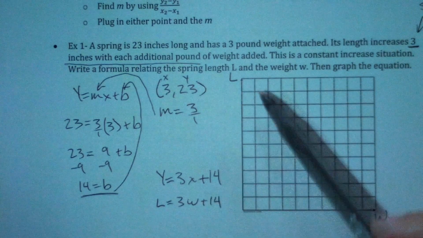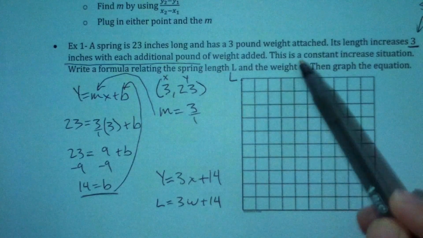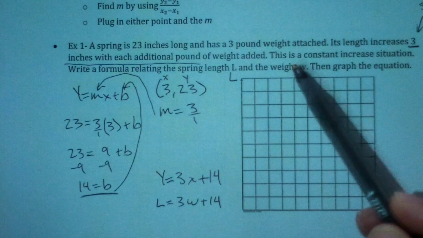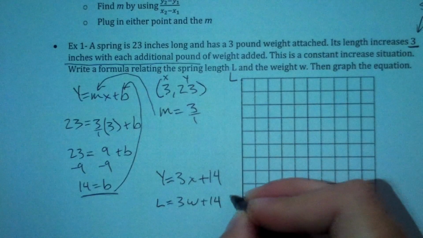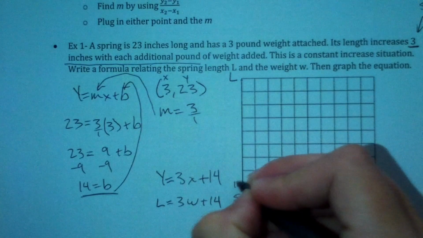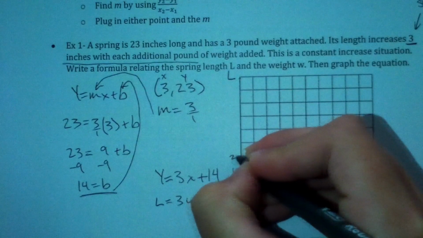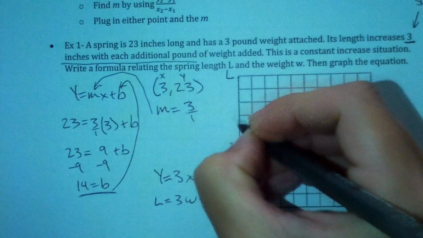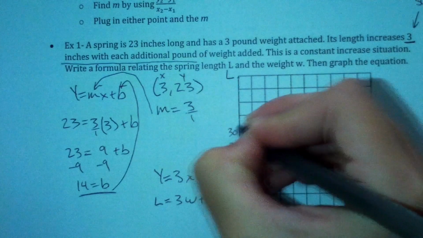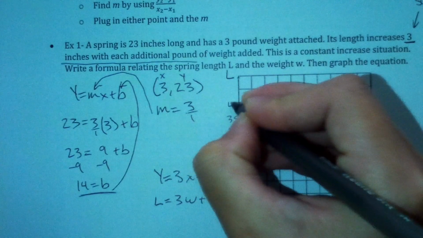And then going across the other way, that's our weight in pounds. What do you think we would count by for pounds? 2 would be fine. You could also probably count by 1 there, and that'd be fine too. Okay, so if we start at 14 for our y-intercept, let's go up to 14 and put a point.